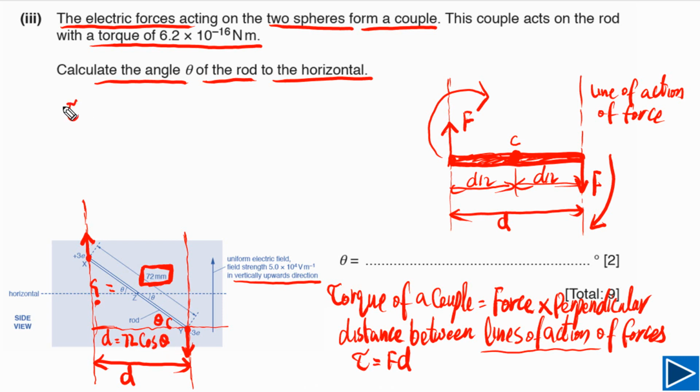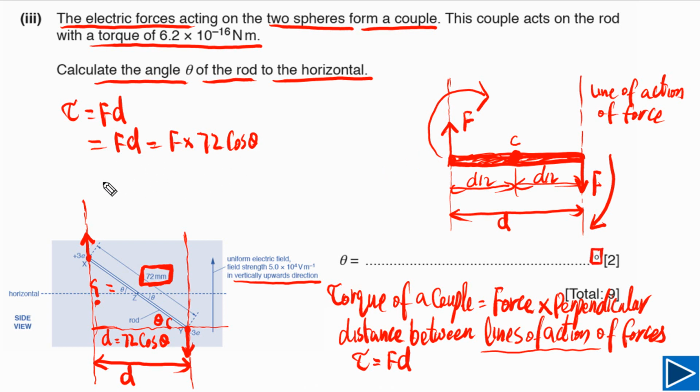Now we can write down here tau has to be equal to force times d, but d in this case is equal to 72 cosine of theta. So this is force times 72 cosine of theta.